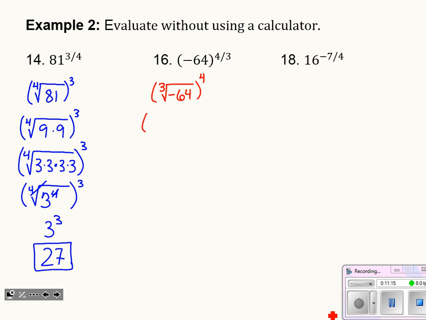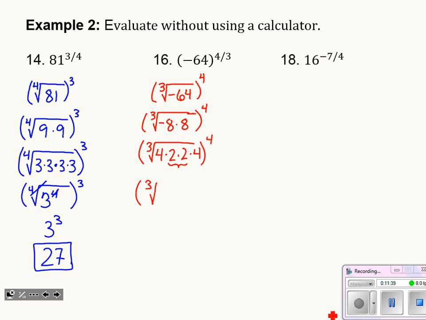Okay, well, let's see. Cubed root of negative 64 would be like negative 8 times 8, which would be like the cubed root of 4 times 2 times 2 times 4. Oh, 2 times 2 in the middle. Okay, I'm starting to see where this is headed now.